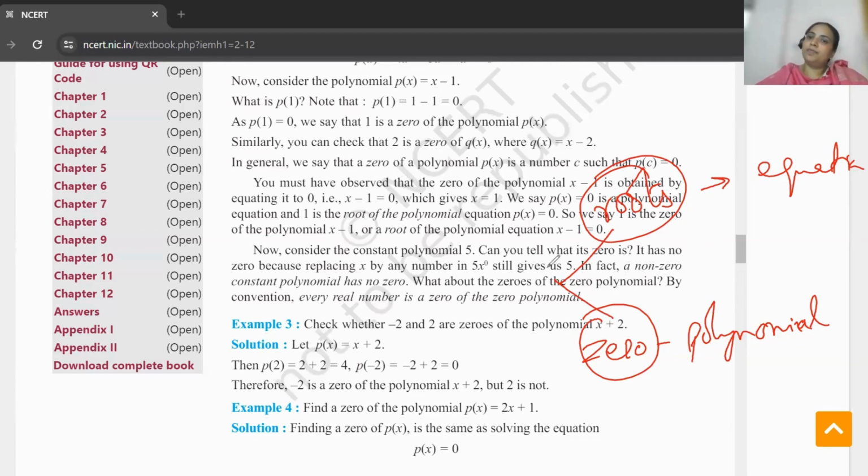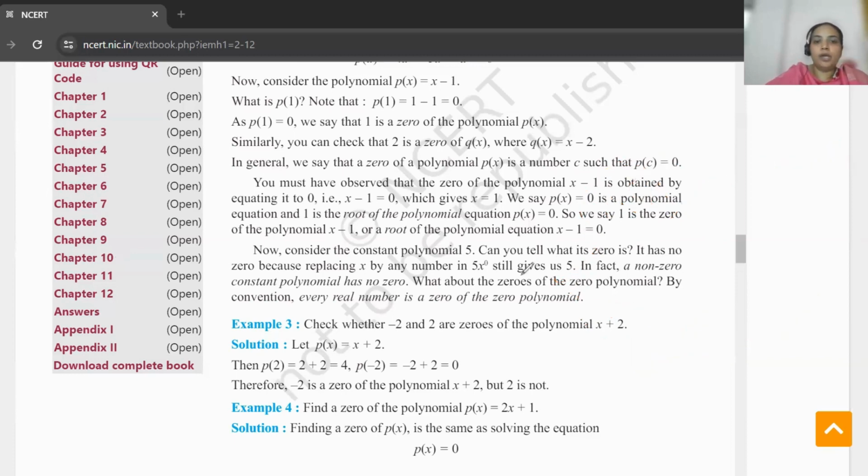Okay, now here, this fact I have already told you in the previous class, that a constant polynomial means it should not be 0.